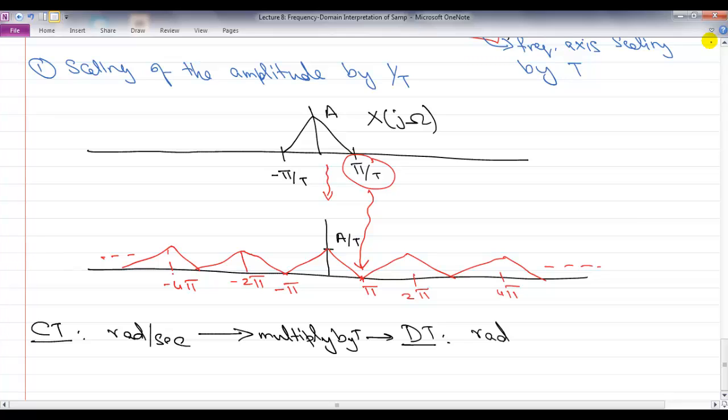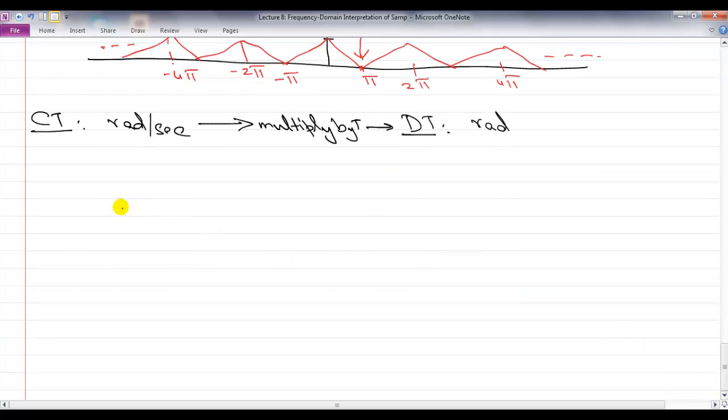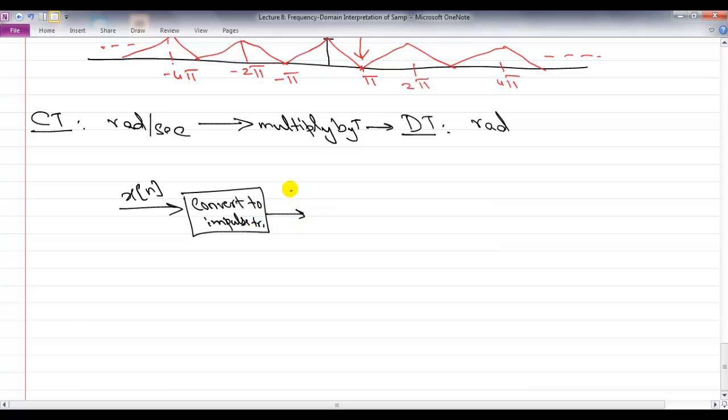Now, if you want to ask about the other way around, which is you are given a sequence xn and you convert it to an impulse train, xs(t) equals summation of xn delta of t minus nT. Well, again, the same relationship that we saw earlier holds.